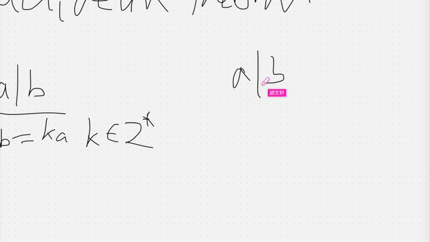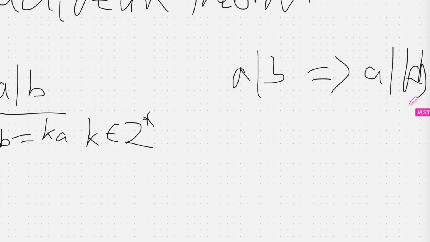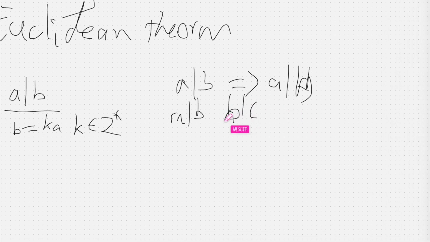A divides B, so A divides a multiple of B. So that's really straightforward. And then if A divides B and A divides C, then A divides C, because C is a multiple of B, we're just expressing that in a different term.